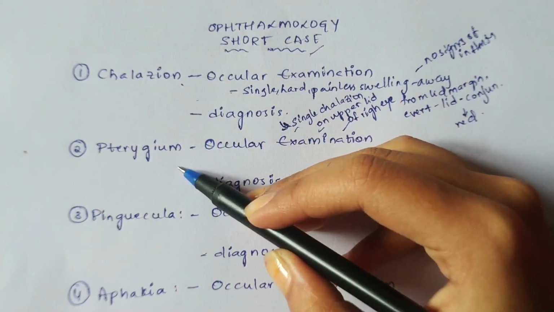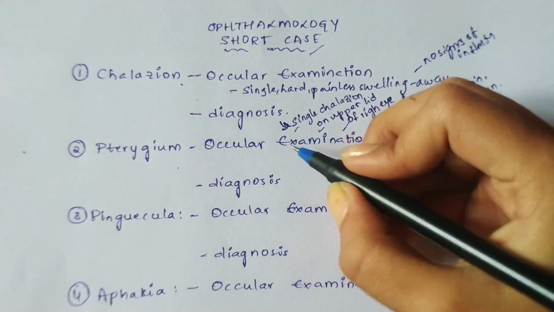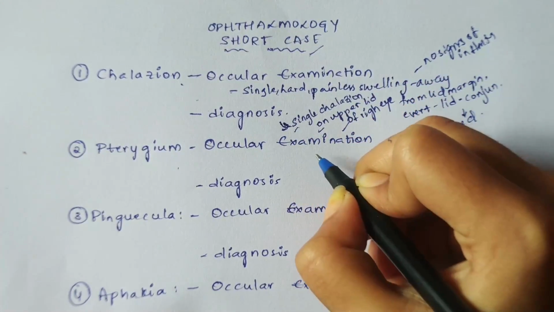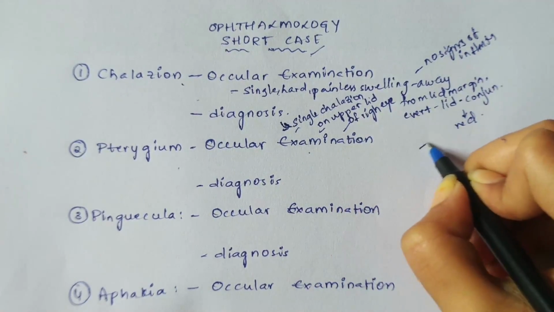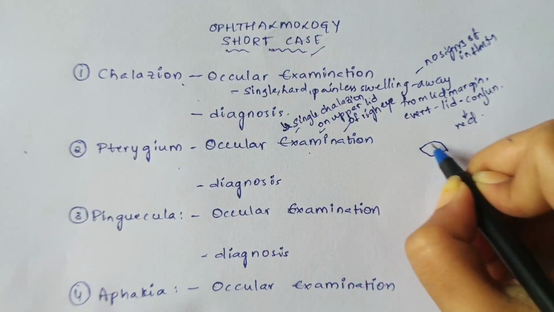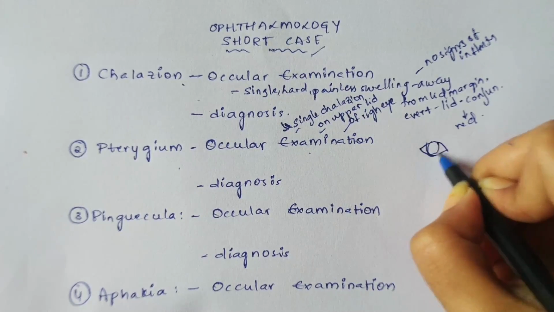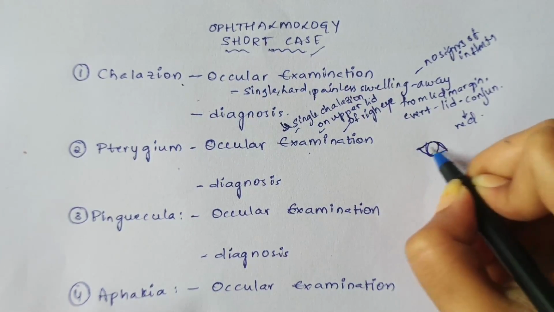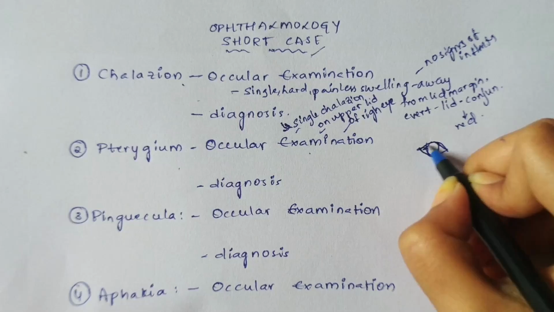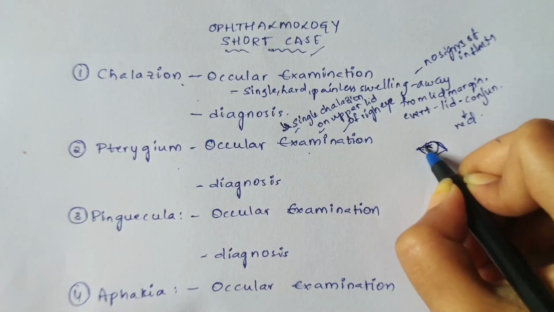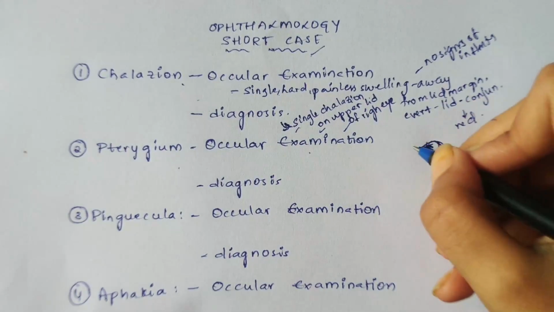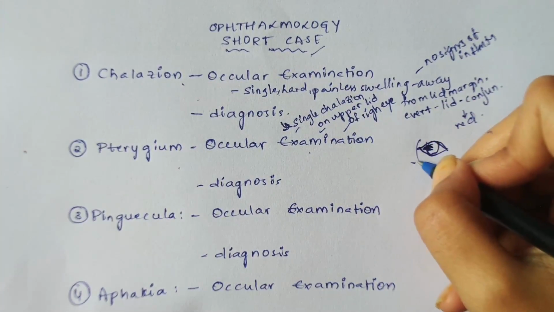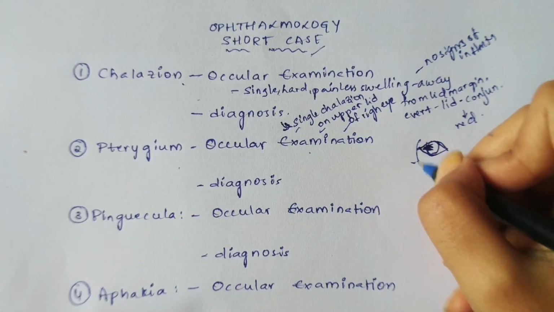Now pterygium. What you will write for examination? What you will see is, if this is the eye, you will see a triangular patch like this encroaching onto the cornea. So this is pterygium on the nasal side.